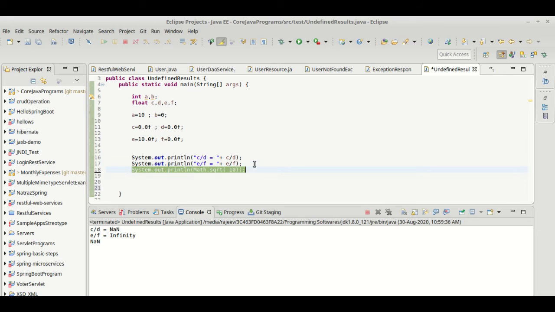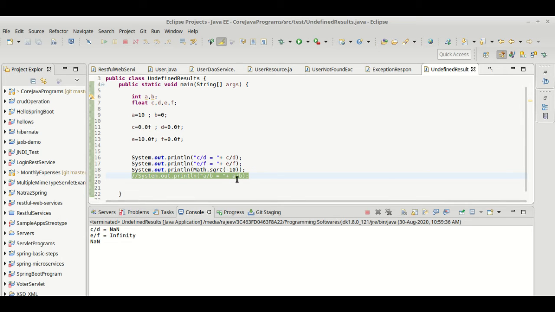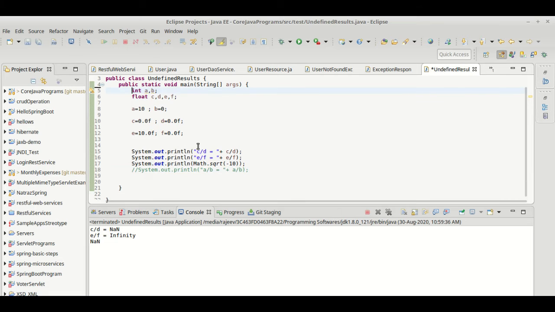Again, we call the square root function of the Math class with a negative number, and it will give NaN. And this one is for arithmetic exception: when any integer is divided by 0, an arithmetic exception comes at runtime. So a by b is doing that. Firstly I will comment it out and run, and let us see.